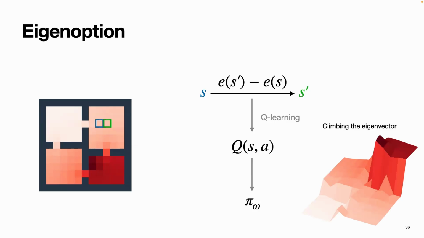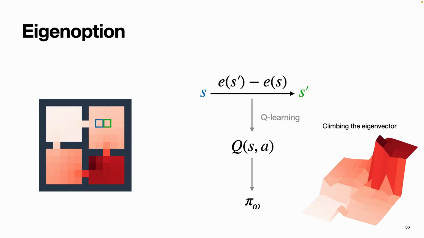That will be the policy of the option. And intuitively, we can think of it as climbing the eigenvector. So we're going from a low value state and trying to end in a high value state. This is intuitively what learning the option policy is trying to do.